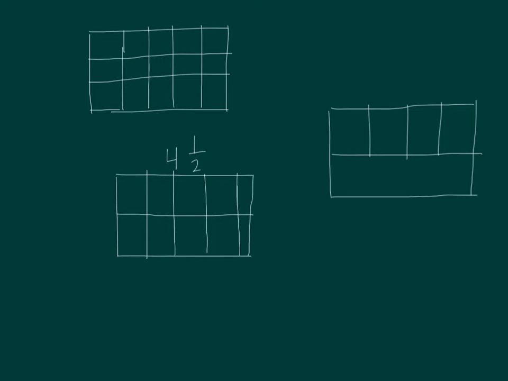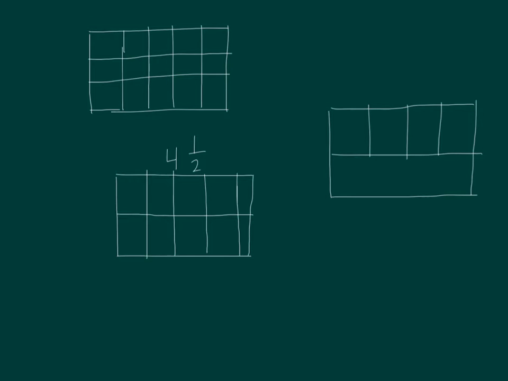So on your home link, you will note it. You have some problems that look like this or similar to this. And so for this first rectangle we have up here, if we're going to measure this, again, we don't know what unit of measure we're using. We don't know if it's miles or inches or feet or centimeters. So we're just going to go with standard square units for this.